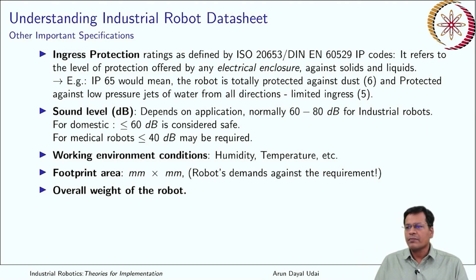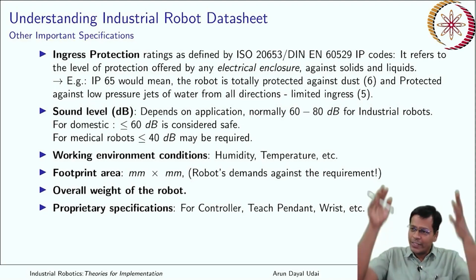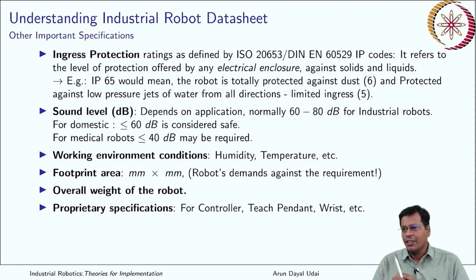Okay. Other parameters: proprietary. There are some proprietary specifications also, at least for the controller. Each and every part that fits on top of this robot also has many parameters, like IP, at least that is mentioned in the data sheet. Sound level is given, environmental condition.